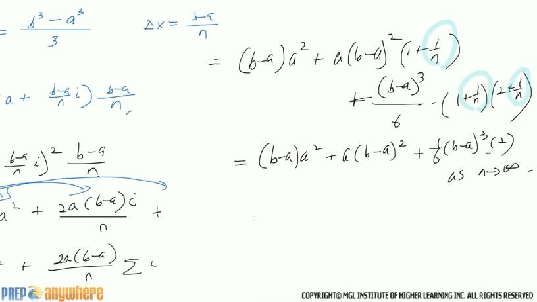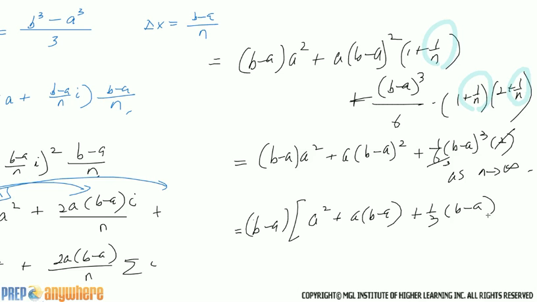Okay, so reduce. I'm going to first factor out (b minus a). They have that all in common. So I get a squared plus a times (b minus a) plus 1 over 3 (b minus a) squared.